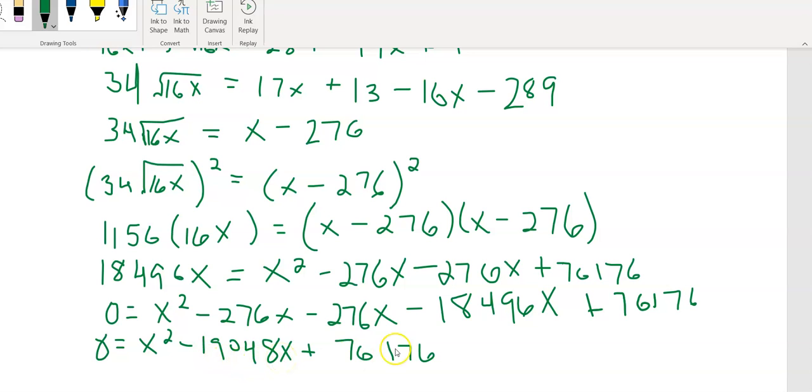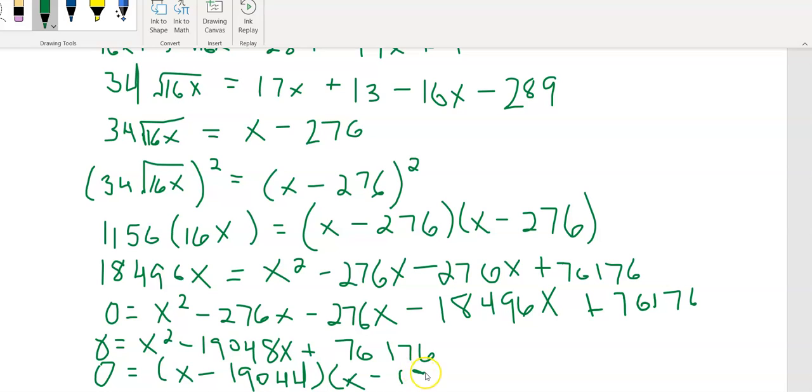And so I just started by dividing by 2, and then dividing by 3, and then finally I divided by 4, and I found that 4 times 19,044 works. And so that means we'll have 19,044 and 4, and that will add to negative 19,048.